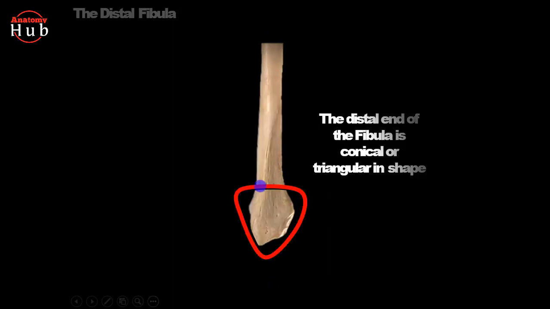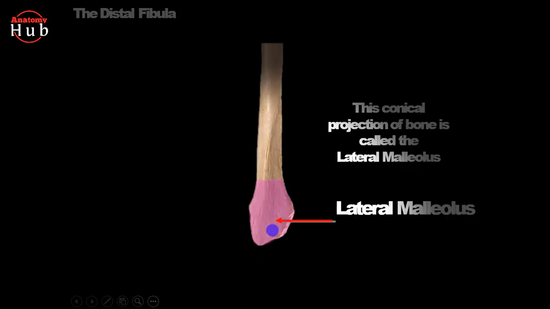Now this part is the distal end of the fibula, that is conical in shape, or you can say triangular in shape, and here you can see a bony projection going downward like your tibia. So this projection is known as your lateral malleolus. In the tibia you will find the medial malleolus, whereas the conical projection of bone in the fibula is known as your lateral malleolus.